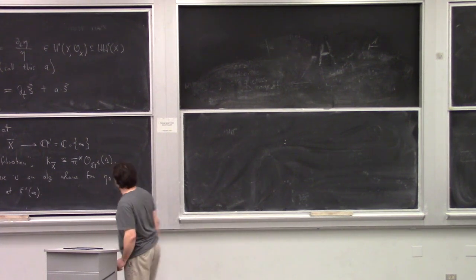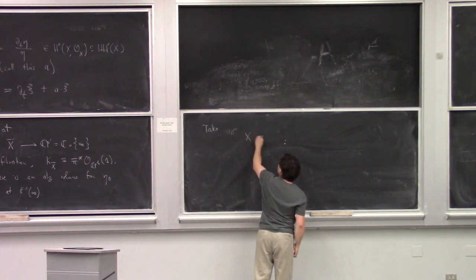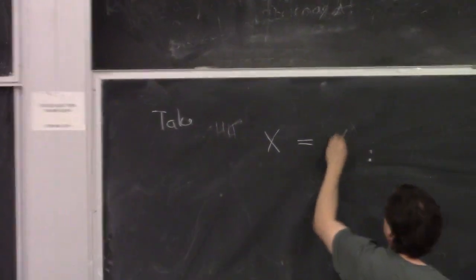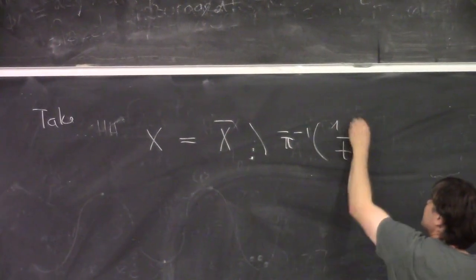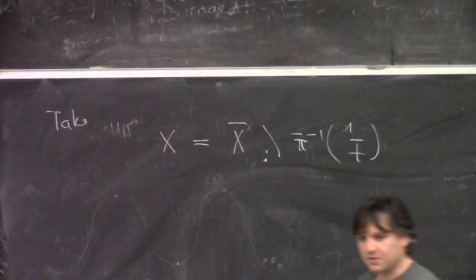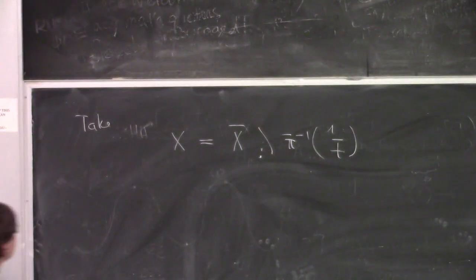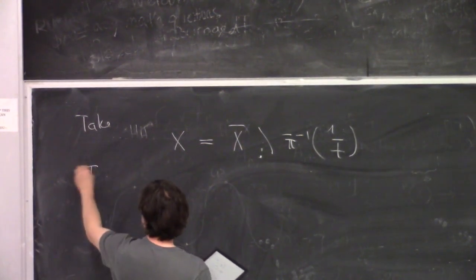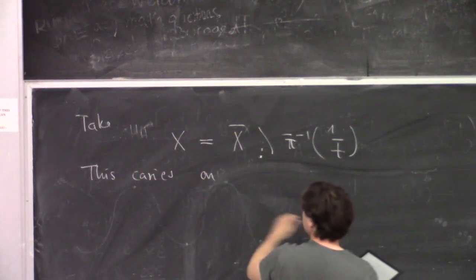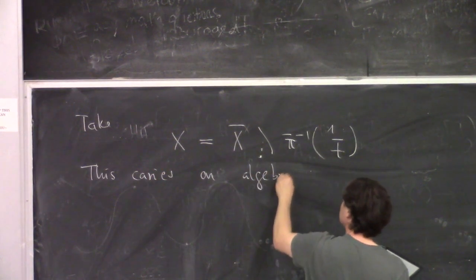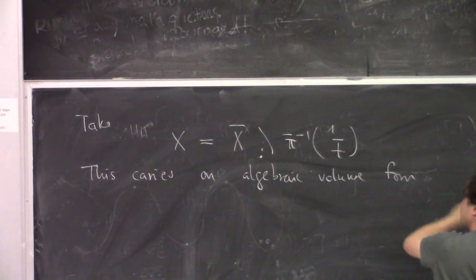So now I'm going to take my family of t-dependent varieties, which is just going to be X bar minus the fiber at 1 over t. So I start with removing the fiber at infinity, and then I remove nearby fibers. So this depends on t, and algebraic in some sense. We'll discuss it in just a second.